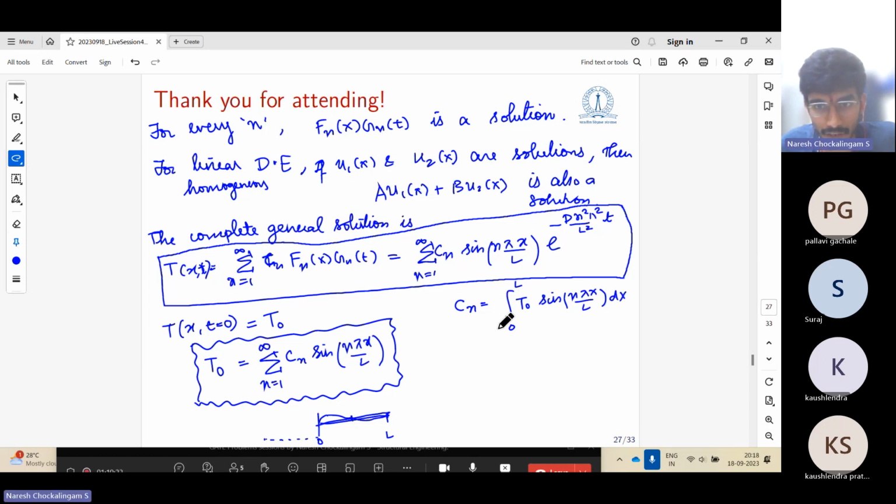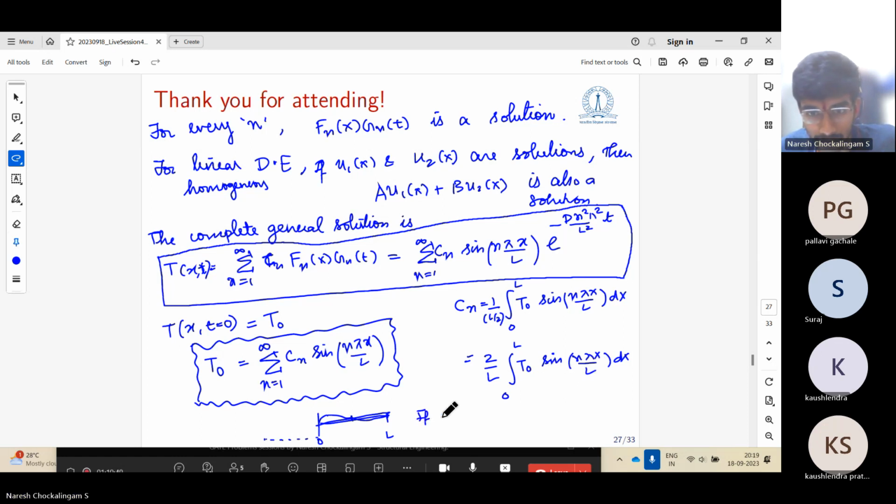So when you integrate from minus L to L, you get 1 by L. When you integrate from 0 to L, you get 2 by L. So you get something like 2 by L integral T naught 0 to L sine n pi x by L dx. If you integrate this, you'll get cos of n pi x by L by n pi and all. But what is important is if n is odd, the integral vanishes.